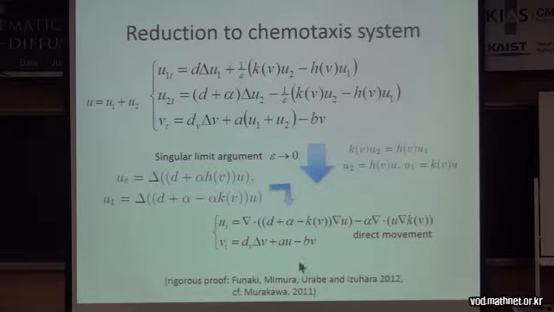Later, a rigorous proof for the relation of this equation and the reduced equation was given by Funaki, Mimura, Urabe, and Izuhara in 2020. Also, Professor Murakawa showed the relation of a cross-diffusion system and other types of reaction-diffusion systems by using similar considerations.